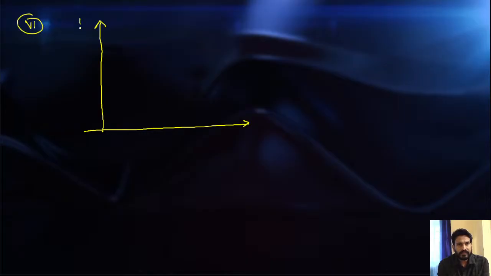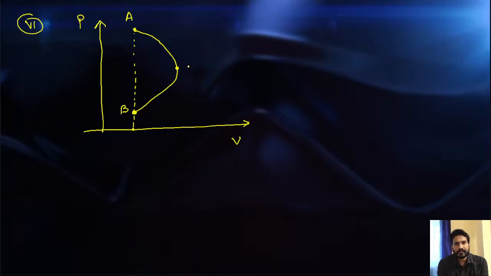Okay, next point, the 6th point. Let's suppose we have this kind of graph. This is my P and this is my V, and this is my A, this is my B, right?